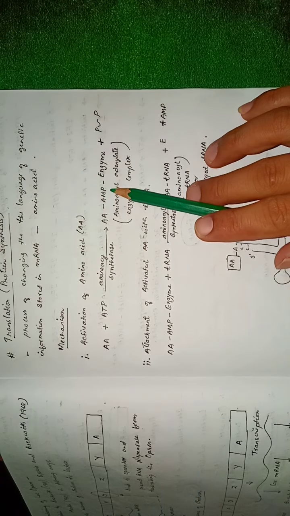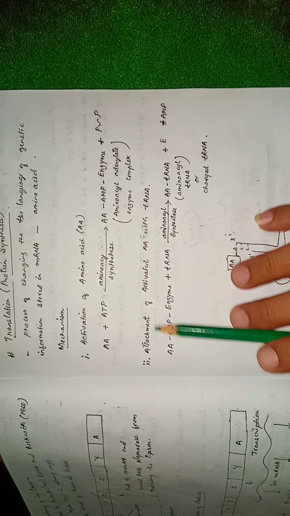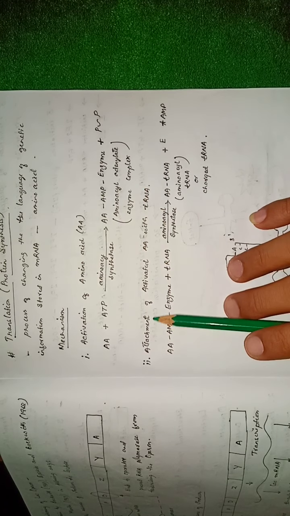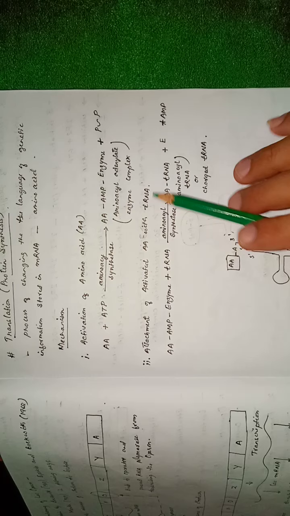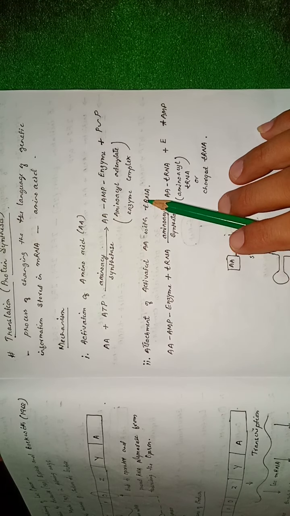Now once the amino acid is activated, the second step is that this activated amino acid has to be attached to the tRNA. Here tRNA refers to the transfer RNA.